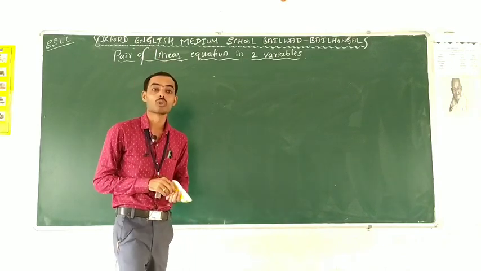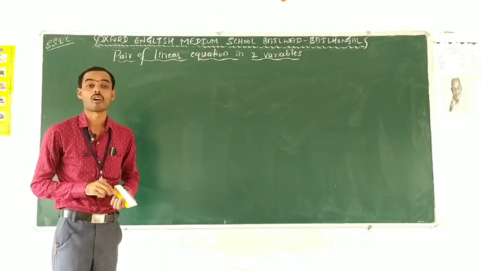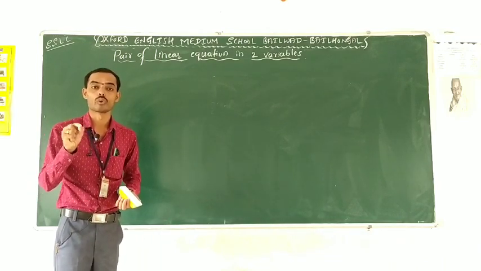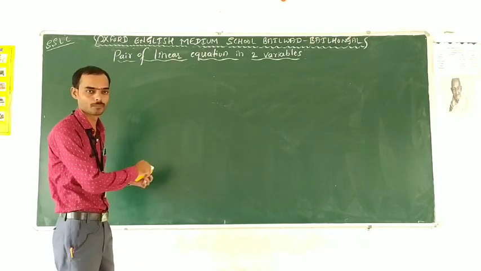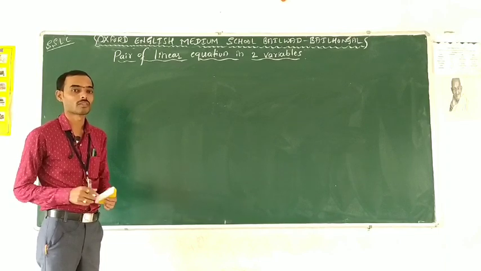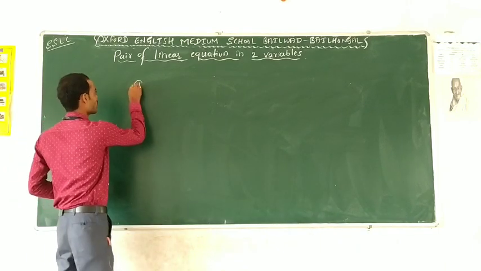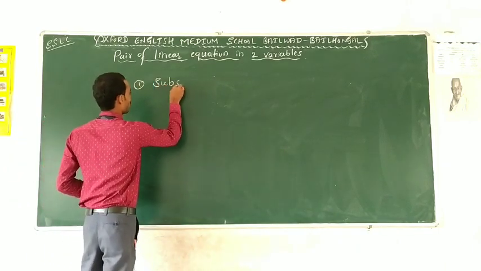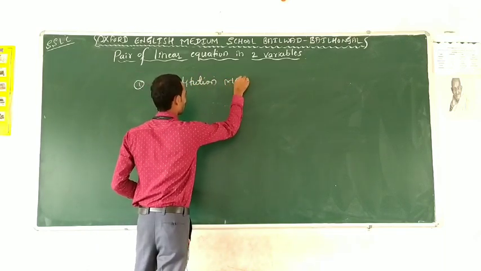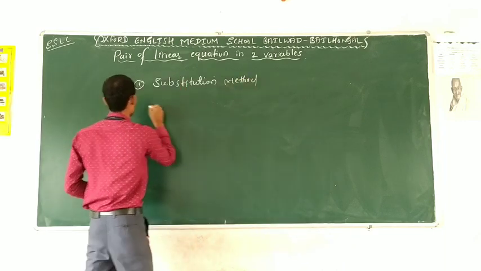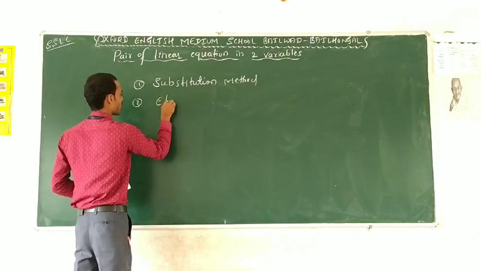Before that, we should know the graphical representation of a pair of linear equations in two variables. Just observe one chart. Let us see here. How many methods are there? First one is the substitution method. Second one is the elimination method.